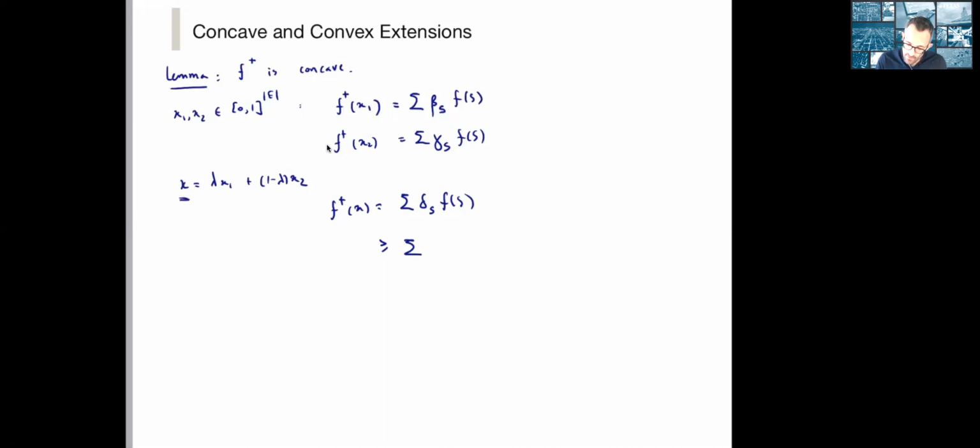But because we have the betas that give a convex decomposition of x1 and the gammas for x2, and I know that x is equal to lambda x1 plus 1 minus lambda x2, I also know that if I look at the sum of lambda times beta s plus 1 minus lambda gamma s times the indicator function, this is also going to be equal to x, just following through the definitions. And so this, of course, also is non-negative and sums to 1, and so that's a candidate here.